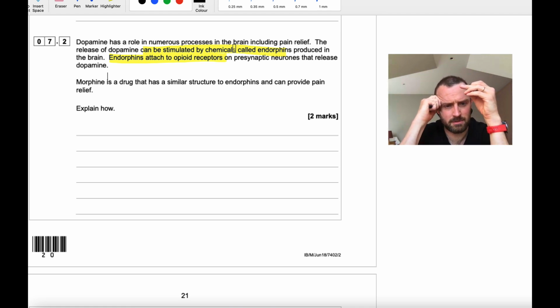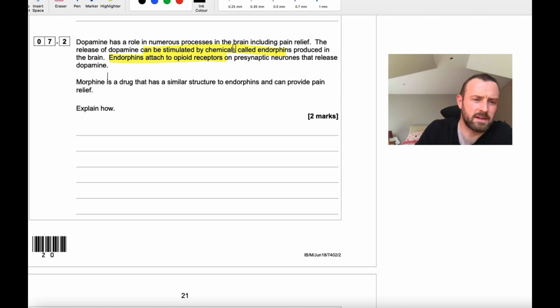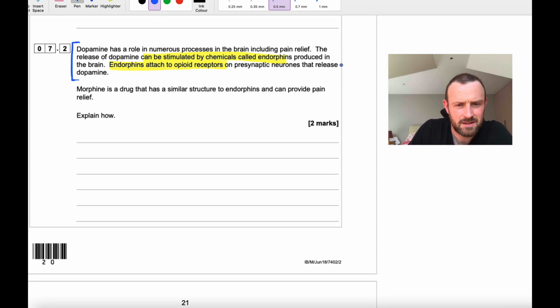Morphine is a drug that has a similar structure to endorphins and can provide pain relief. So that's a weird one. You almost have to rewrite this, but then talk about morphine. So morphine can attach to these same opioid receptors on the presynaptic neurons and trigger the release of dopamine.